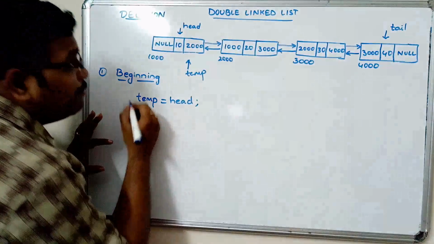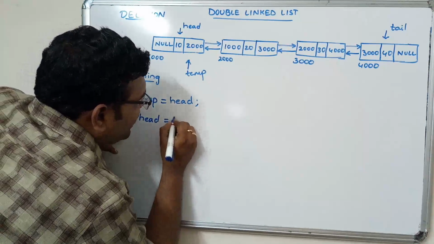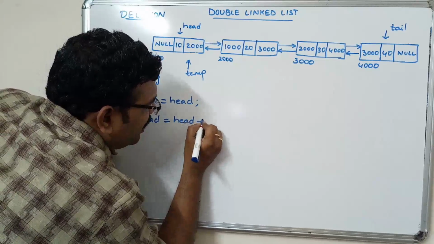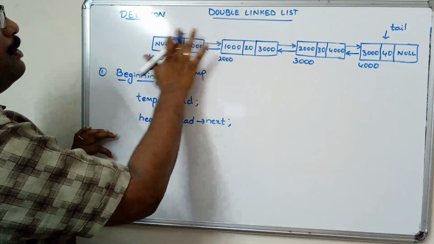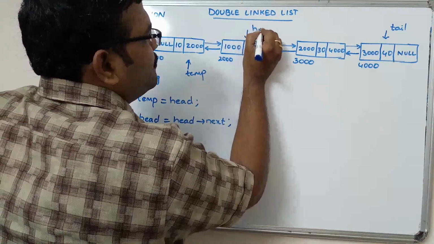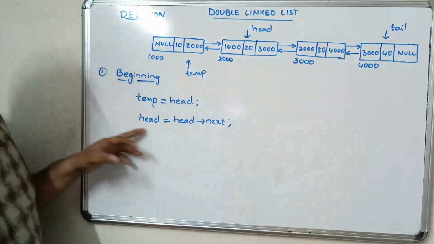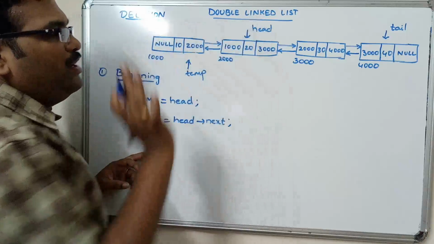So before disconnecting, you move the head to head of next. Head is equal to head of next. Now head of next means 2000, so head is moved here.